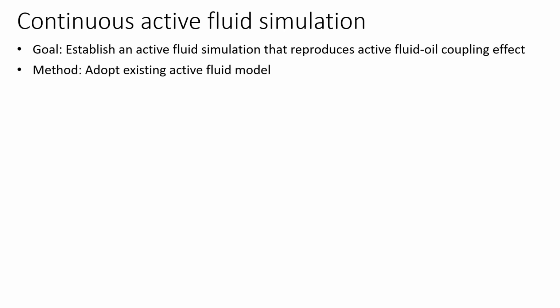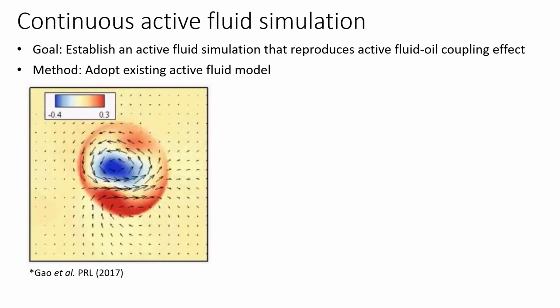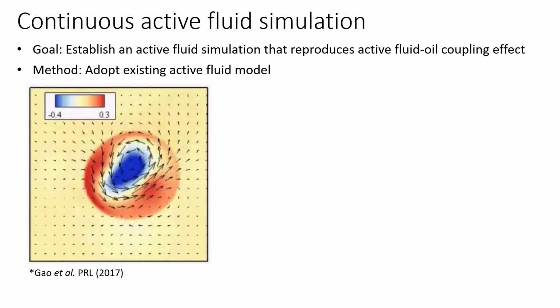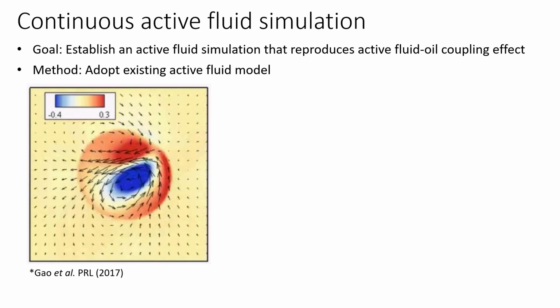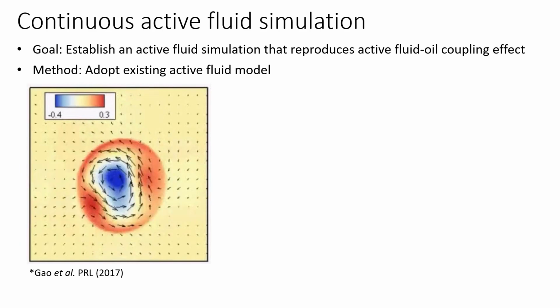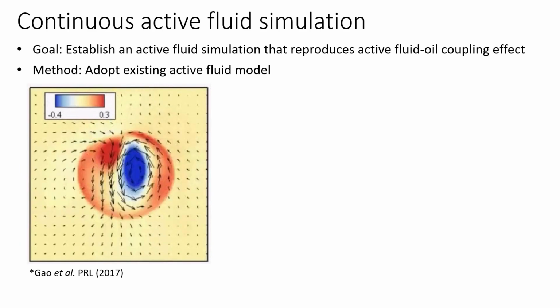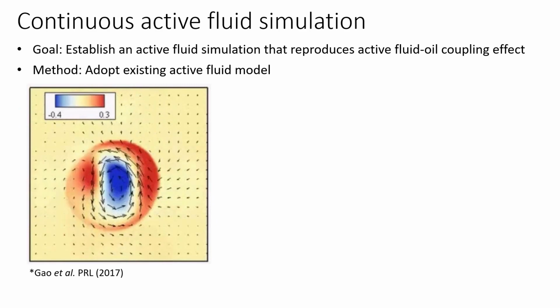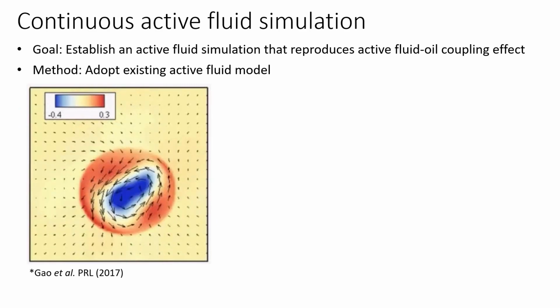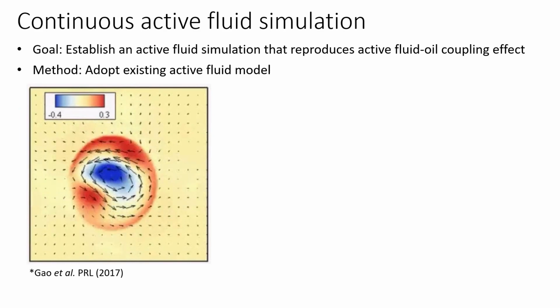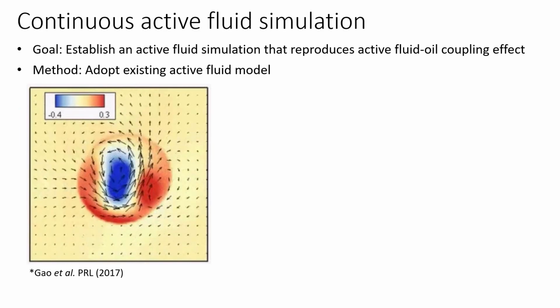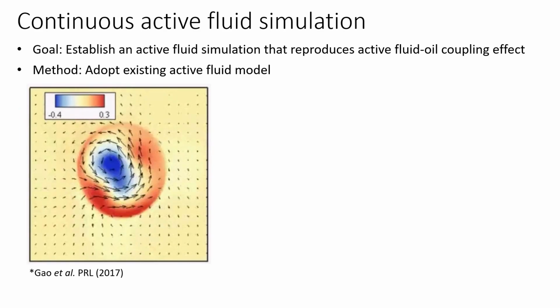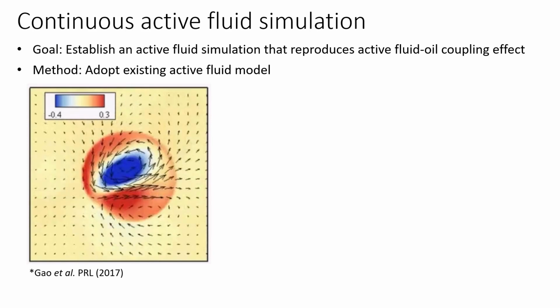To achieve this goal efficiently, we dove into the literature on active fluid models and found one model developed by Cheng-Kung from Michigan State University that meets our need. This model not only includes active fluid encapsulated in oil, but also predicted intra-droplet circulation and water-oil coupling. So this model should be competent for modeling our active droplet system.